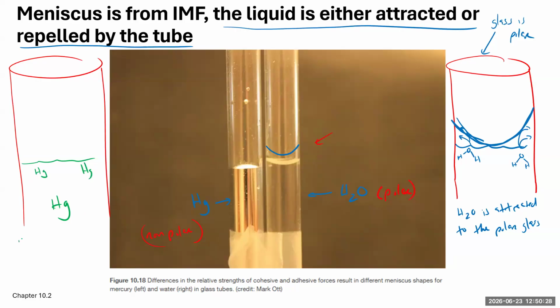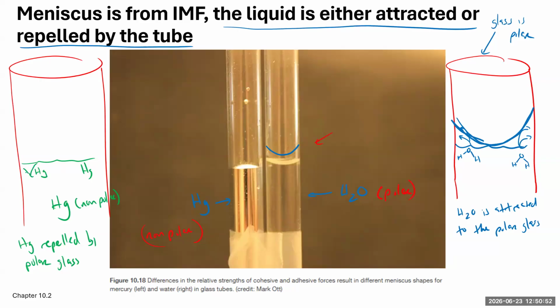So mercury is repelled by, or not repelled necessarily, but doesn't want to be next to that polar glass, right? Because this is non-polar. So what happens is it just tries to get away.